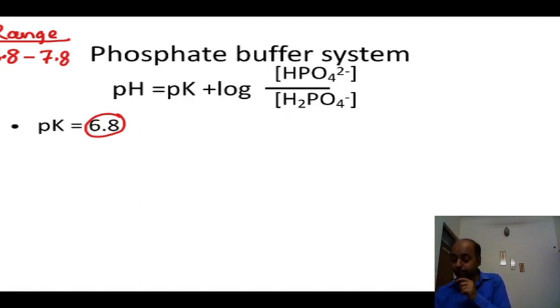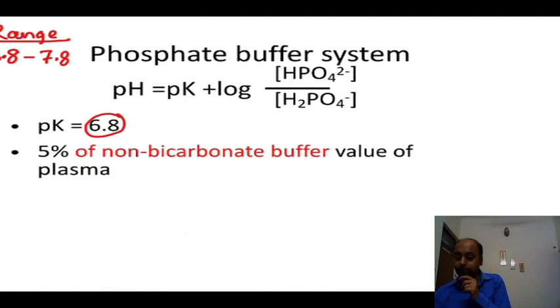However, in the blood it has limited buffering action. If you remove all the bicarbonate buffer, of the remaining buffering action, only 5% is provided by the phosphate buffer system.